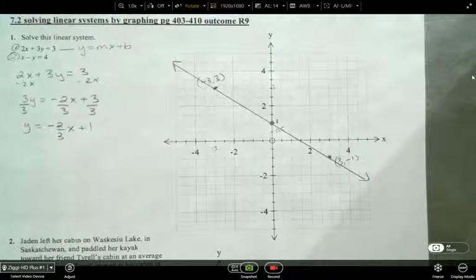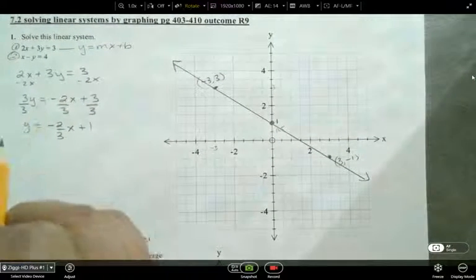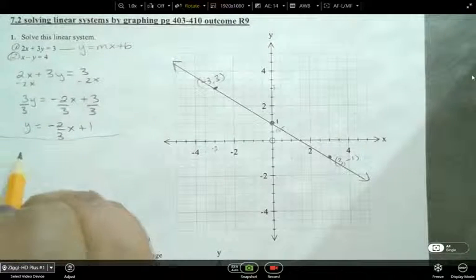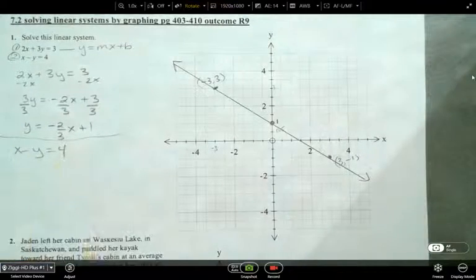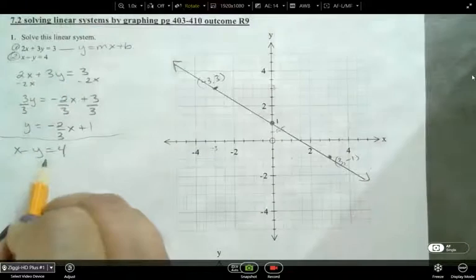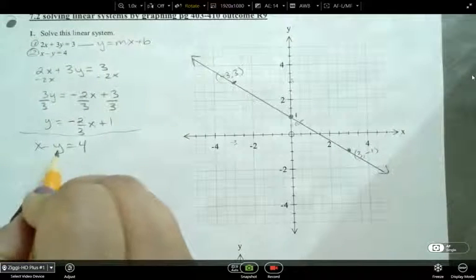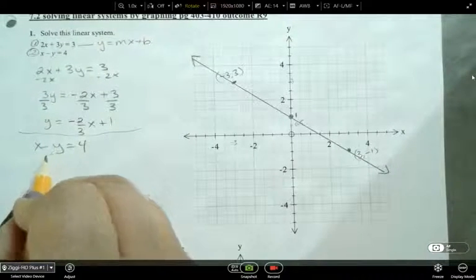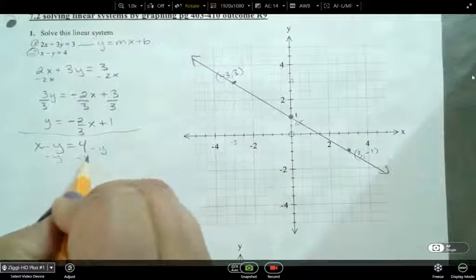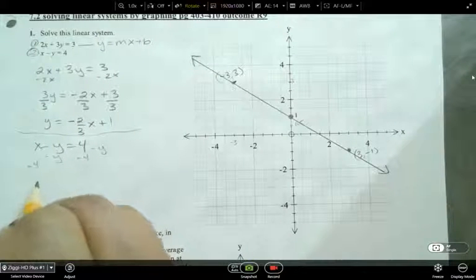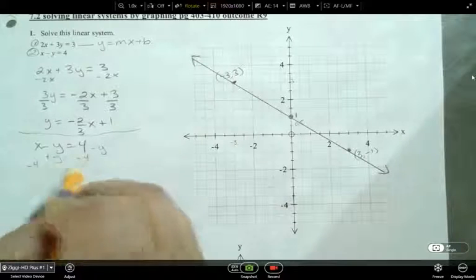Okay, so now I've got a couple of points labeled. Now I can graph the other line. I've got x minus y equals 4, and I can solve that for y equals mx plus b. I subtract the y on both sides and then, wait, I'm going to add the 4 on both sides.